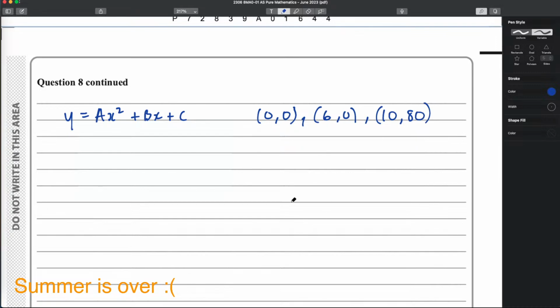So let's continue with this. We can firstly say c equals 0, because if we substitute 0, 0 for x and y, c is 0. Then we're looking for a and b.